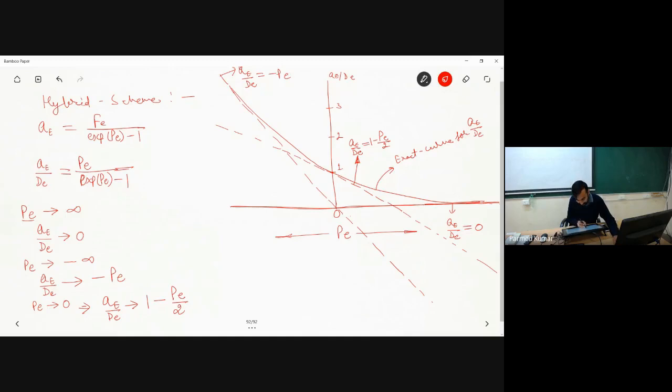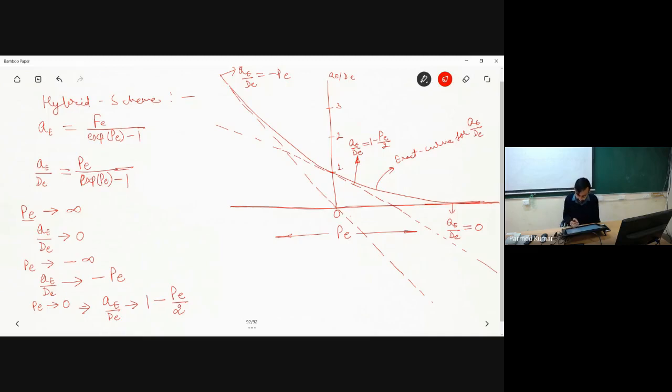And the third line I have drawn is for AE by DE equal to 1 minus Peclet number divided by 2. Okay. Now if you see, all these three lines are now participating in the entire range of Peclet number from minus infinity to plus infinity. Okay.